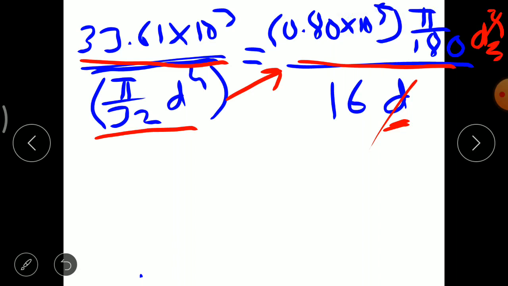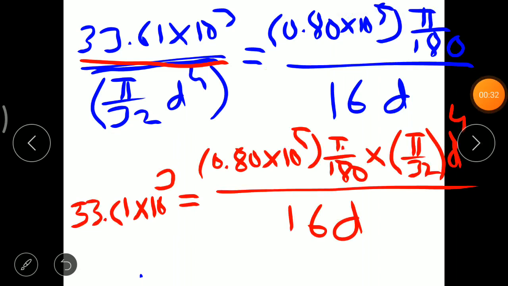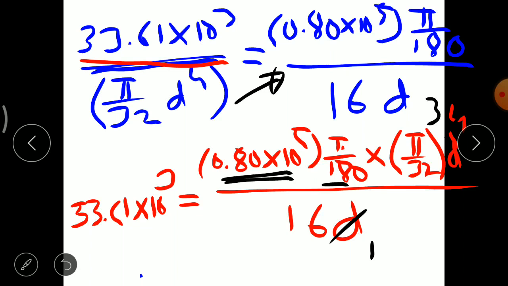I will write the same quantity. This is the equation by multiplying this term with the numerator term, and we will cancel this d, and instead of d raised to 4 we get only d cube. And now you can solve the term and you will get the unknown term, that is d cube.